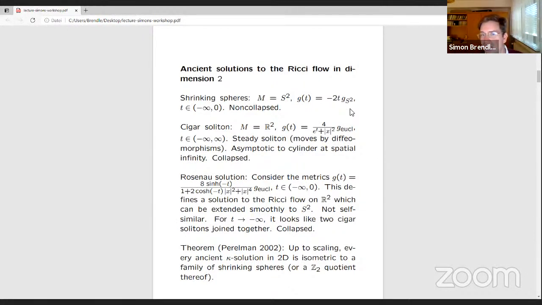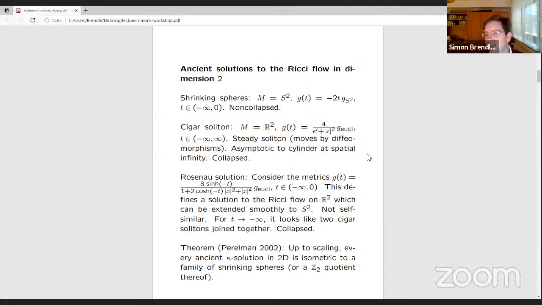Now, a more interesting example is the cigar soliton, and you can write it down explicitly. So the underlying manifold is just R2, and then the metric looks like this. It's conformal to the Euclidean metric, and the conformal factor is 4 over a constant plus norm x squared, and the constant is e to the t.